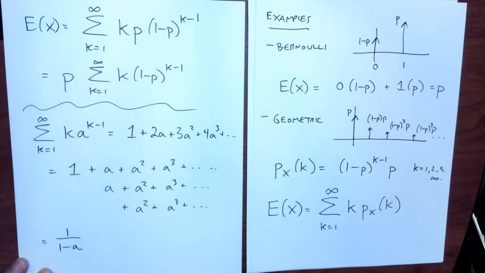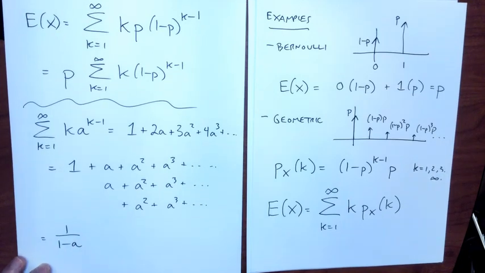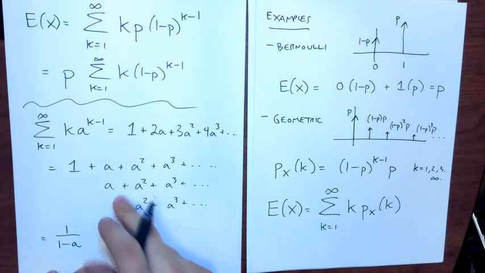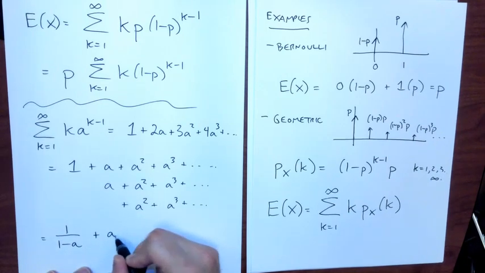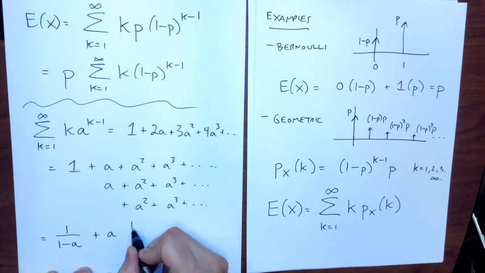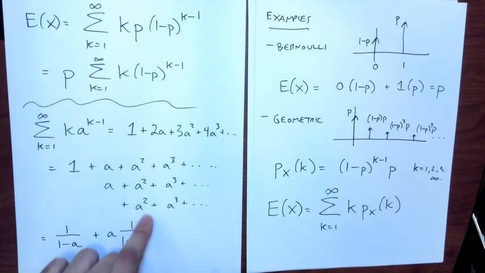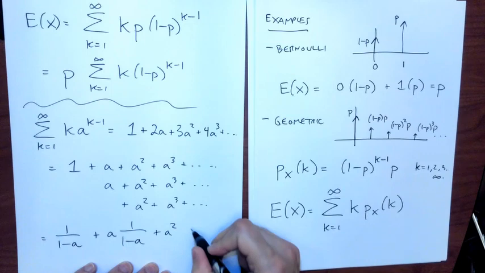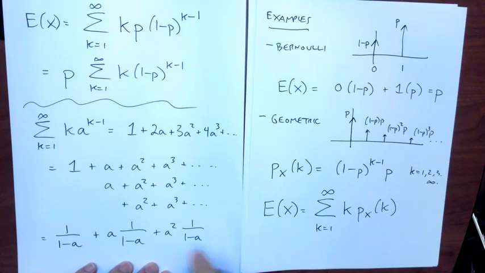This next one is exactly a times the same thing I have on the top, which is 1 over 1 minus a. The bottom one is a squared times the thing that I have on the top, and so on.